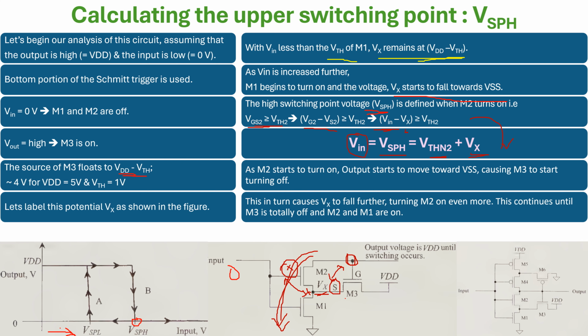This in turn causes Vx to go down further, right? It's a positive loop, positive feedback. So this is a repeated action: this goes down and this reduces. M3 loses control, and M2 will conduct. This will continue till M3 is totally turned off and M2 and M1 are on.